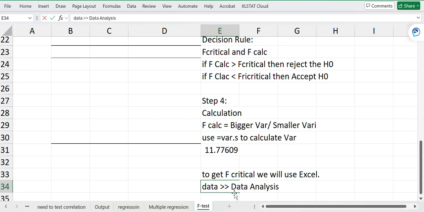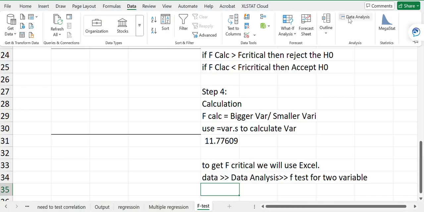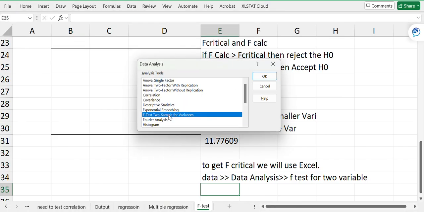There you will find F-test for two variables. I will just show it to you now. So when we go to data, this is data analysis. We have F-test two-sample for variances, right? So this is the one we need. Press OK.